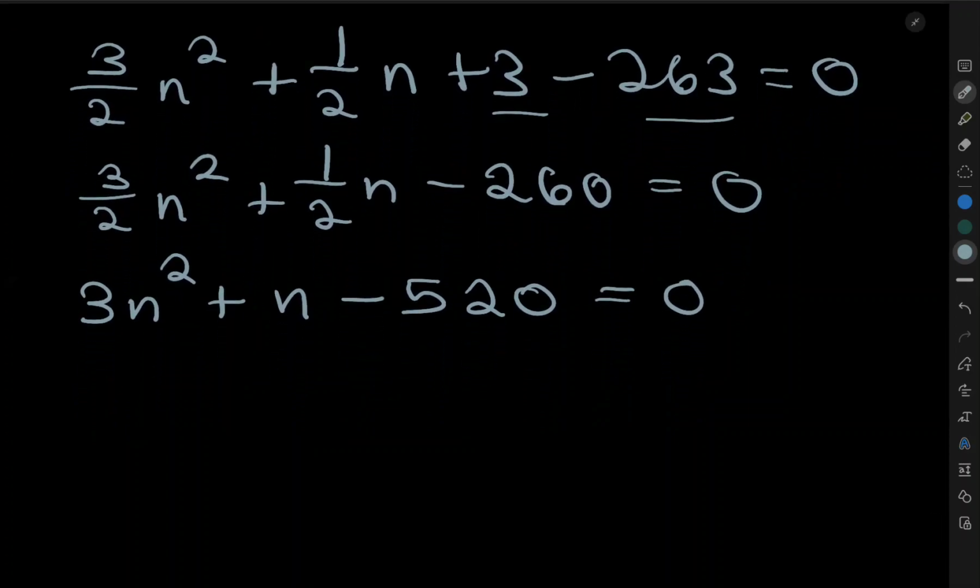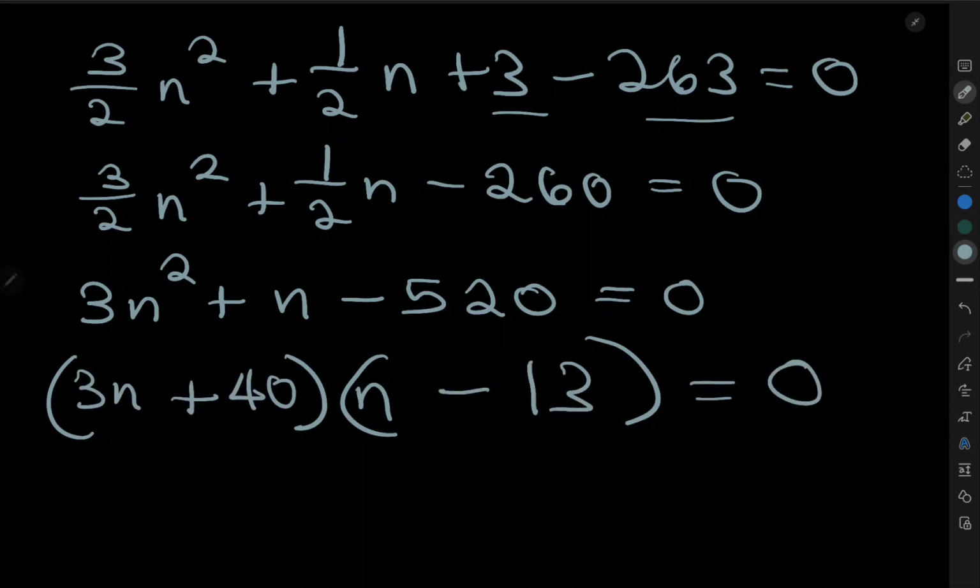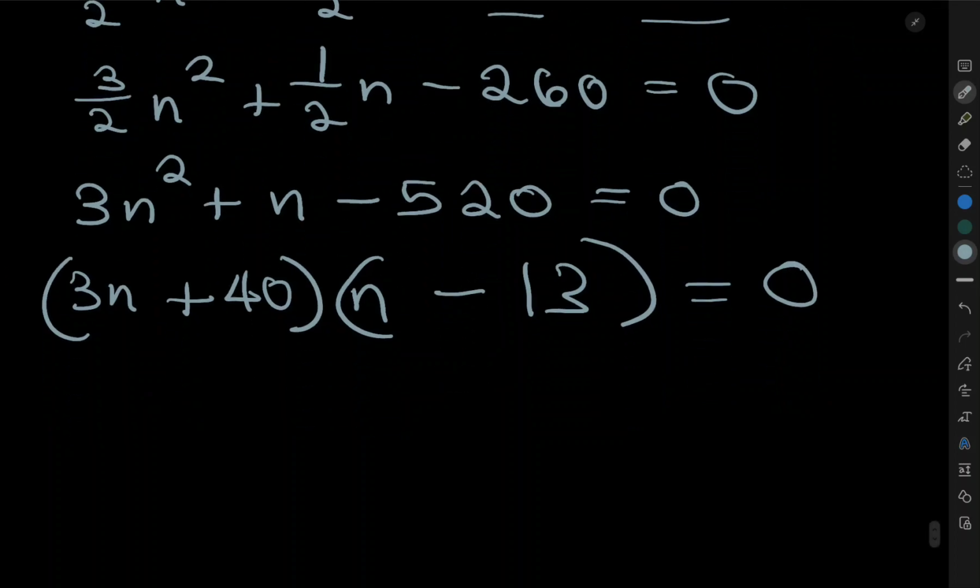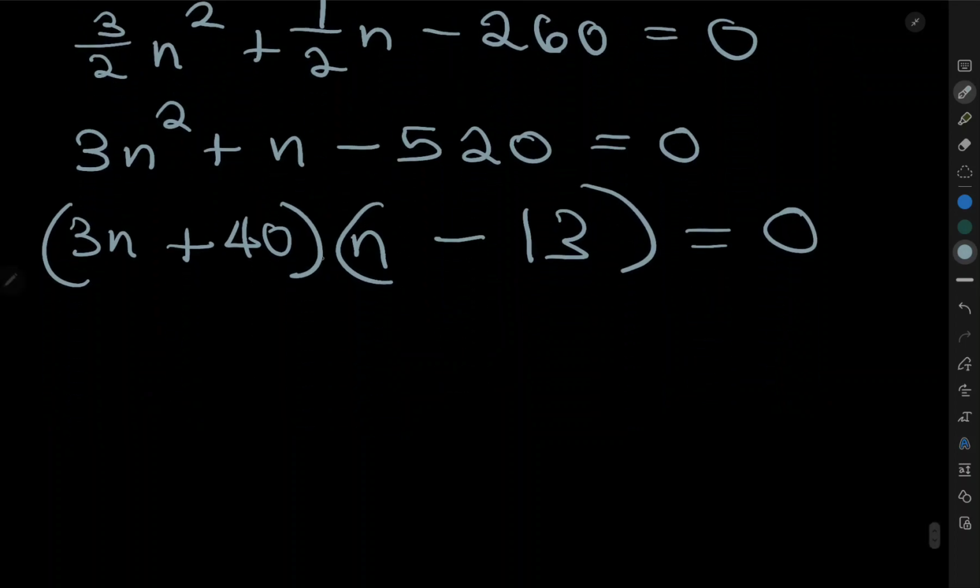From here, I just need to factorize this, and I know this is going to be a long process, but I'm just going to pause the video, simplify it, and then get back with the answer. So if I factorize everything, I'm going to get (3n plus 40)(n minus 13).